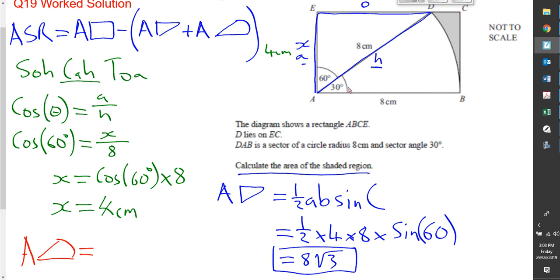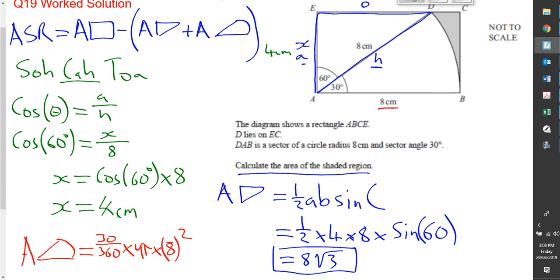We've got 30 degrees of that 360 degrees. So we've got 30 over 360 of the circle, and we're going to multiply that by the area of the circle, which is pi r squared. So times pi times, this is our radius here, 8 squared.